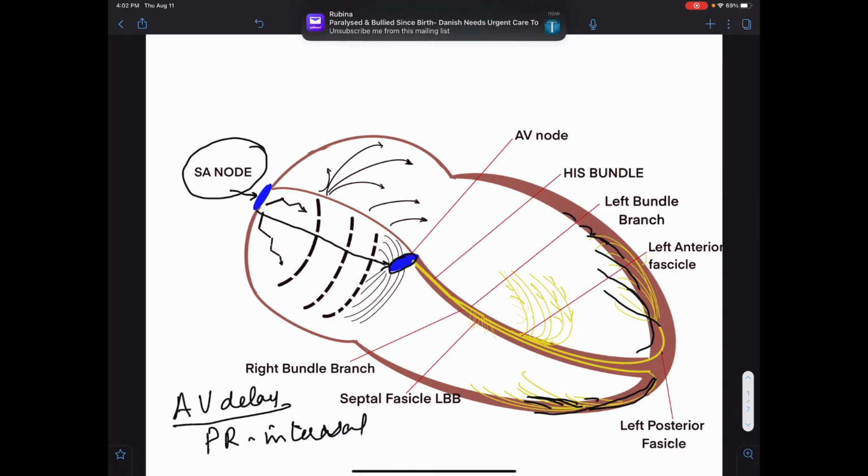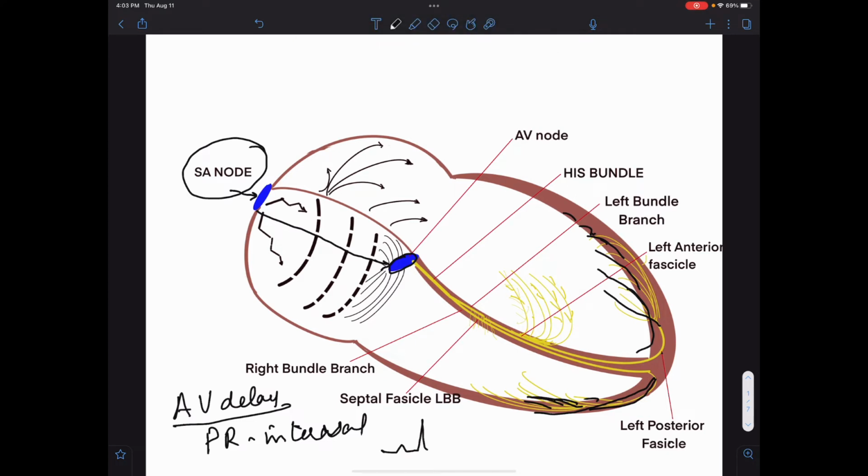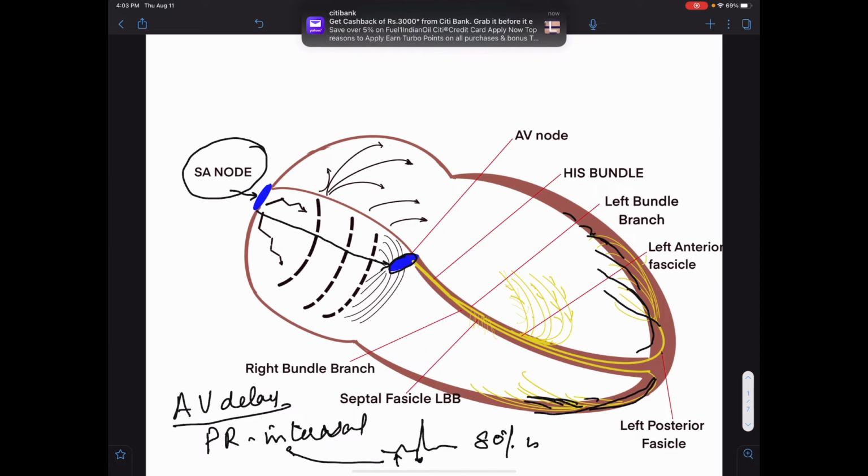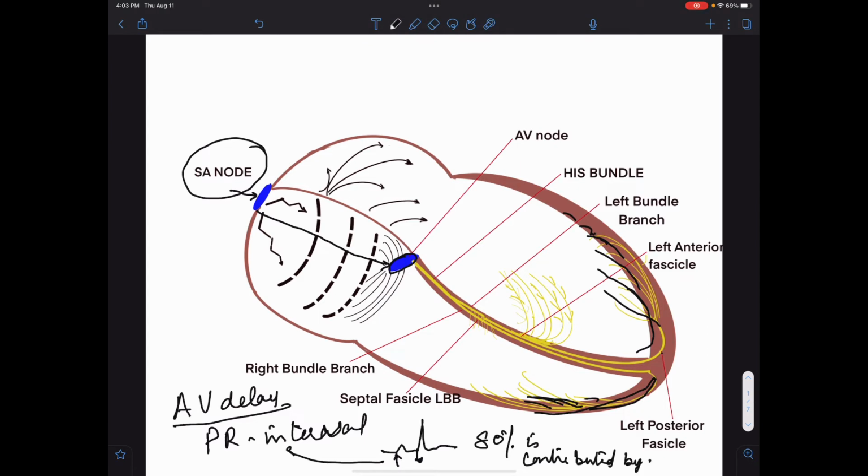This PR interval, which is between the P onset and the QRS onset, is called the PR interval. Now, 80% of this is contributed by AV delay, the delay at this point.